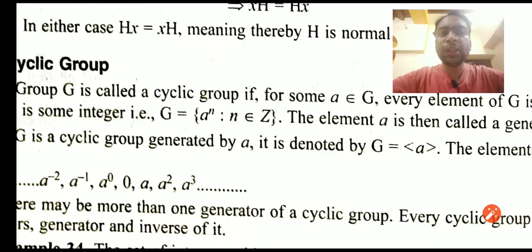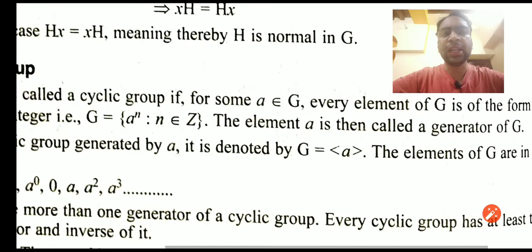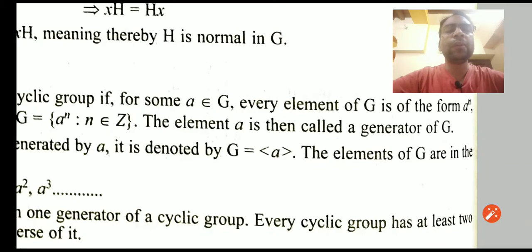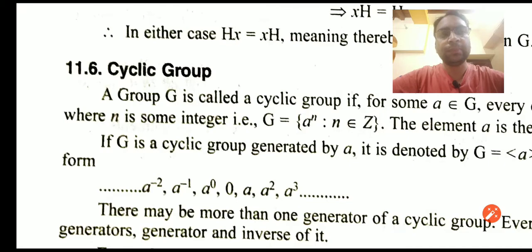A group G is called a cyclic group if for some element a that belongs to G, every other element of G is of the form a to the power n.